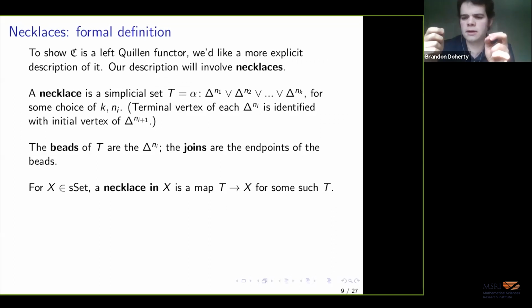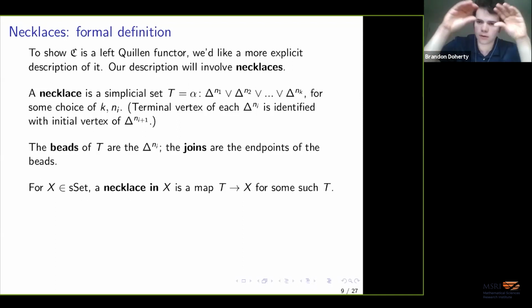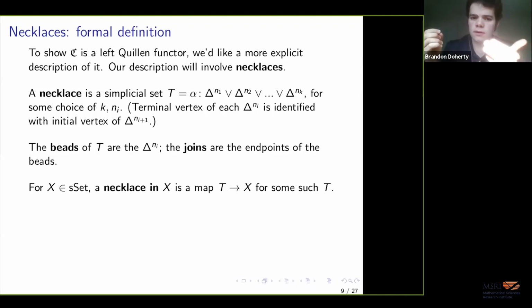What we mean by this wedge product notation is that we're identifying the terminal vertex of each of these simplices with the initial vertex of the next one. So we're taking this string of simplices and joining them together at their endpoints. We refer to the individual simplices in this necklace as the beads, and the endpoints which we join together are called the joins.